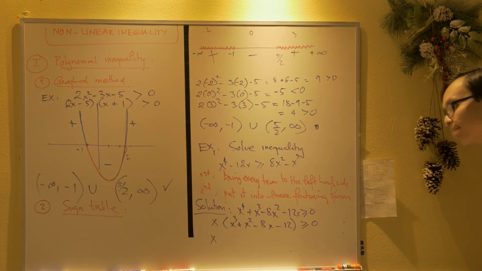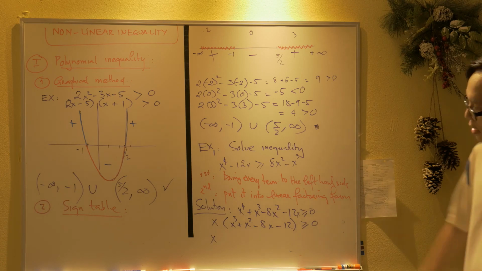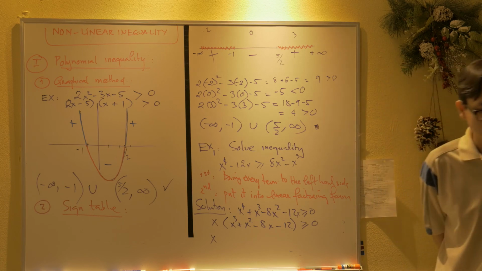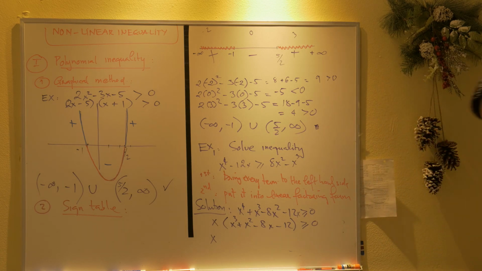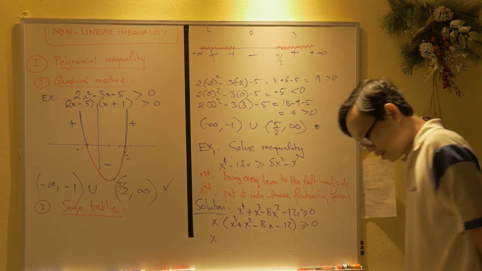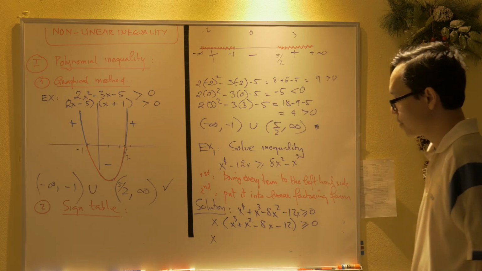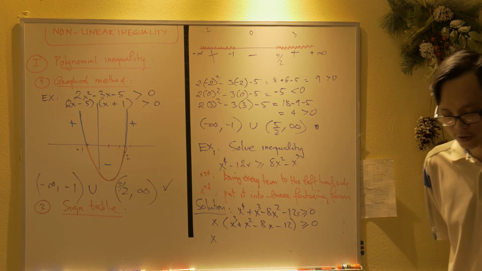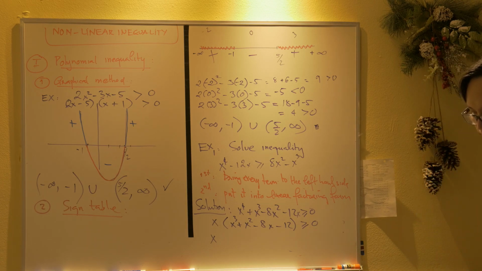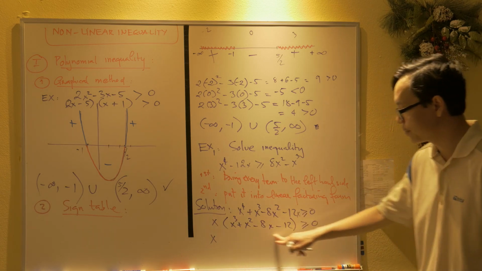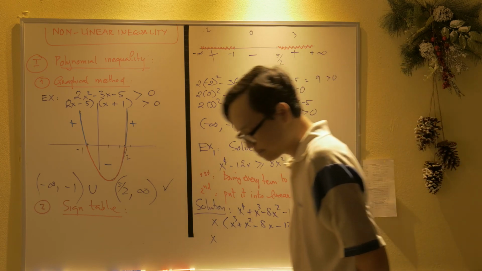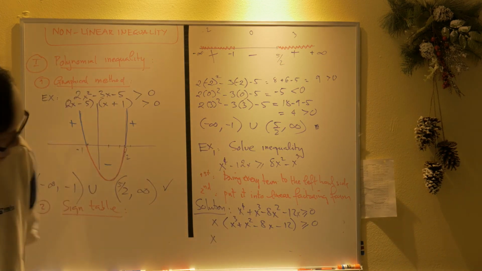So what should we do now? This is a third degree polynomial, and in order to factor it, you have to take a guess at a solution of this polynomial.